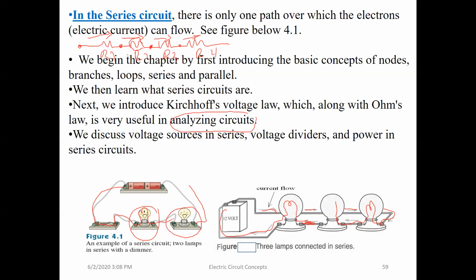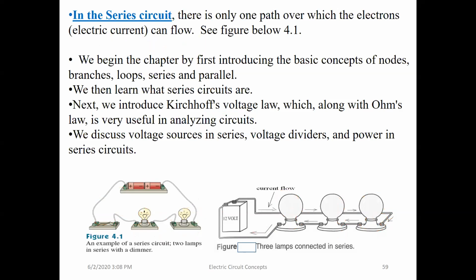As I mentioned, it means we need to find, for example, how much voltage is across this lamp, across this lamp, across this lamp, and how much current flows through this one, as well as this one. Since they are in series, it will be the same. And how much power each lamp will produce as light. We discussed voltage sources in series and voltage dividers. There's another thing we need to discuss, which is power in series circuits. So again, these are the topics of the series circuit.